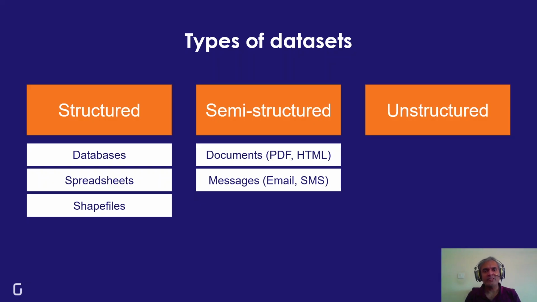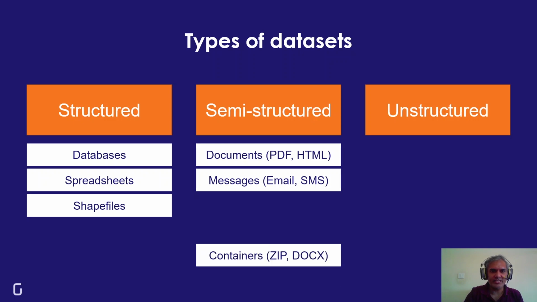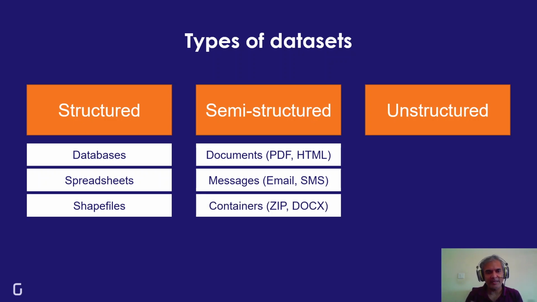In fact, one of the places where you can consistently find semi-structured data is in container formats. When I say container format, it's a file format or a structure that can contain other pieces of information which may or may not be structured. Zip files are a good example. You can have a highly structured spreadsheet along with a fairly unstructured text file that explains what that document is about.